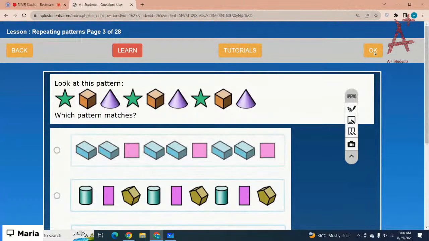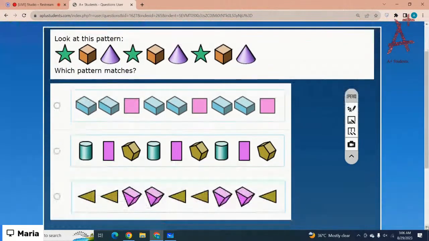Look at this pattern, which pattern matches? So look, star, square, cone, star, square, cone. You have three different types of items and they occur just once, right? Then the pattern repeats again, star, square, cone.